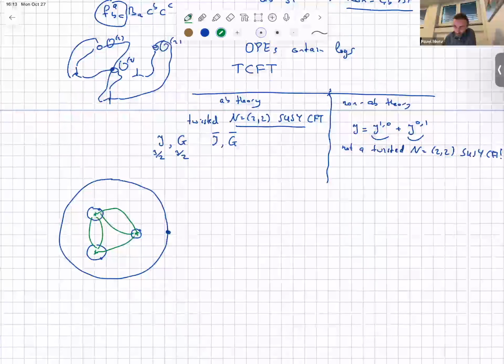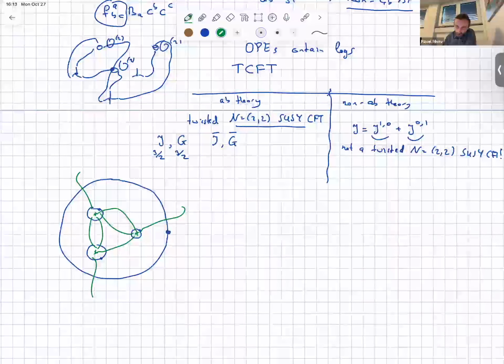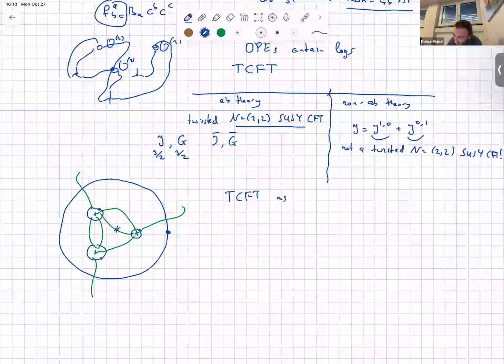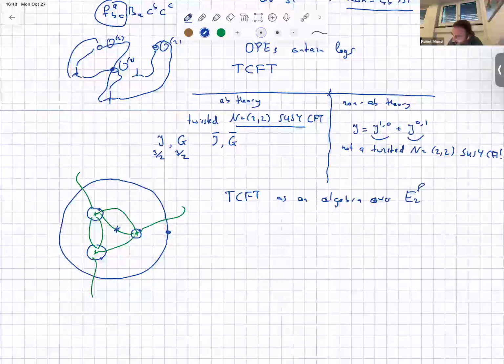Sorry, they can have leaves, and you re-expand the result in terms of the center of the outer disk. So you can construct explicitly this TCFT as an algebra over the framed little disk operad.